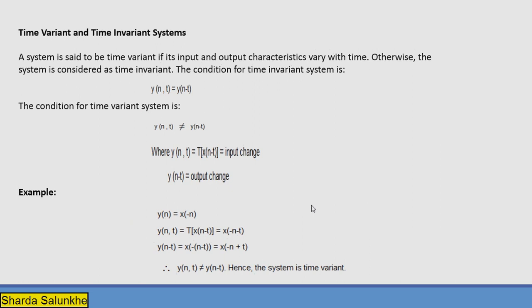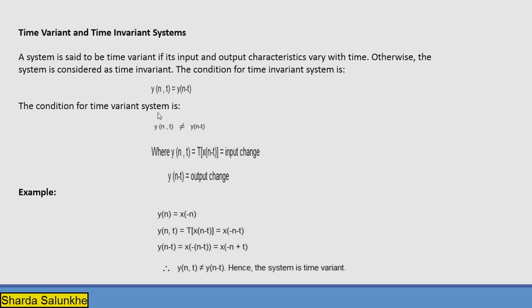Next, time variant and time invariant systems. The system is said to be time variant if its input and output characteristics vary with time. Otherwise, the system is considered a time invariant system. The condition for the time invariant system is y of n comma t is equal to y of n minus t.